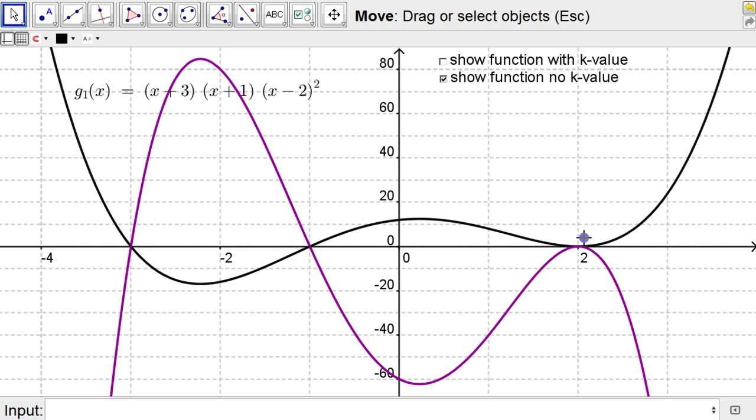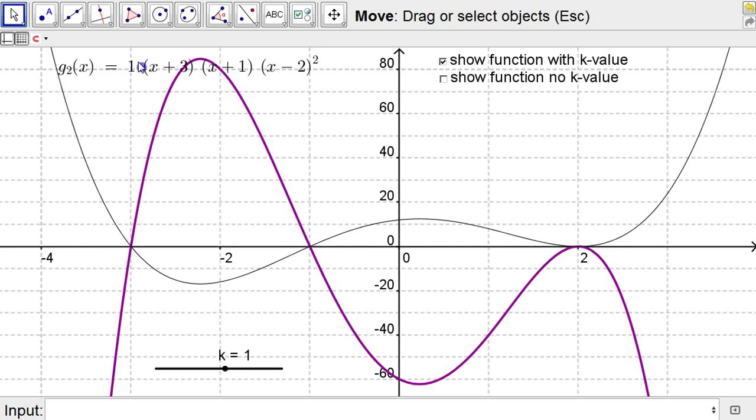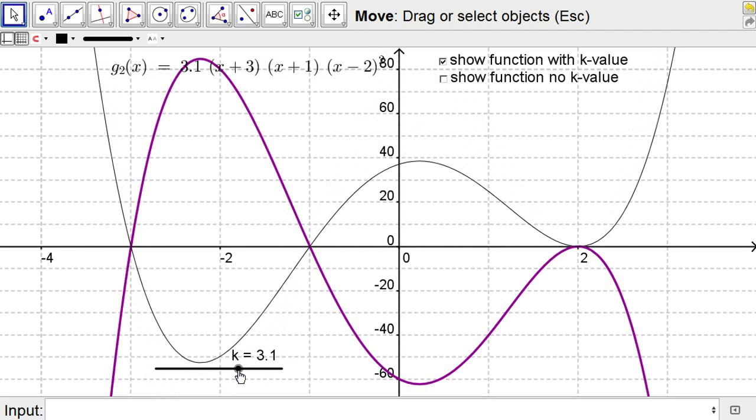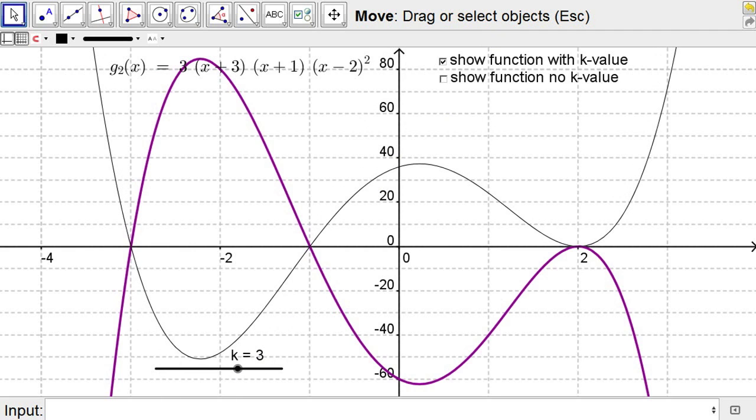So it looks quite a bit different, right? But if you do that same thing, but you put a k value in front, right now this k value is 1. If I increase it here, it expands that vertically. Now let's make this a bit thicker first. There we go.